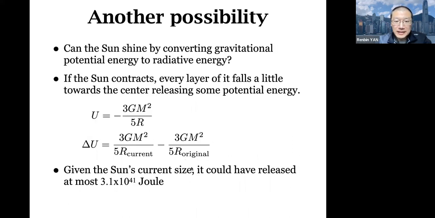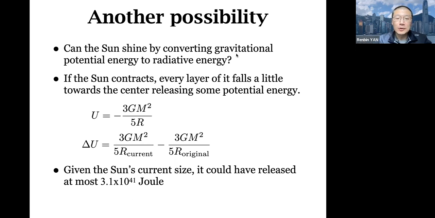What about other possibilities? Another possibility that smart people brought up in the 1800s is that maybe the sun is shining by converting gravitational potential energy to radiative energy. If the sun is actually contracting little by little, then the surface layers of the sun are falling toward the center, right? When things fall, their gravitational potential energy gets converted to kinetic energy or some other form.